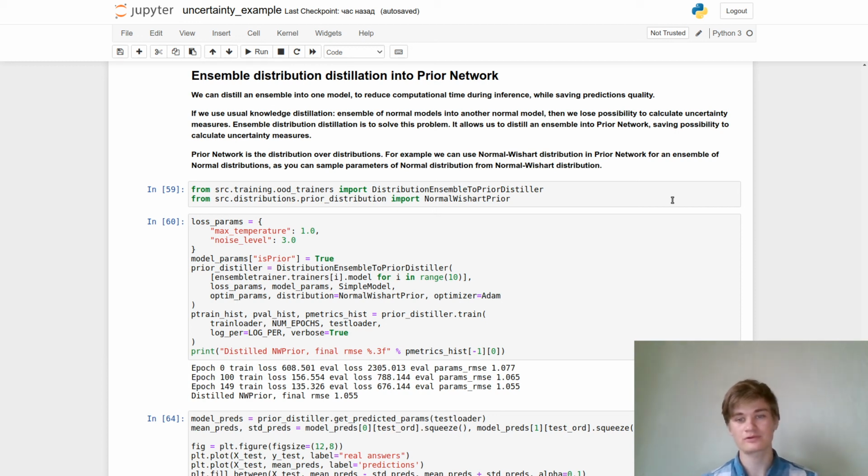For example, for normal distribution, we can consider normal Wishart distributions, and a sample from a normal Wishart distribution is the parameters of a normal distribution. That's why we can afterwards calculate uncertainty measures based on this prior network, saving computational time, as we will have only one network instead of the whole ensemble.